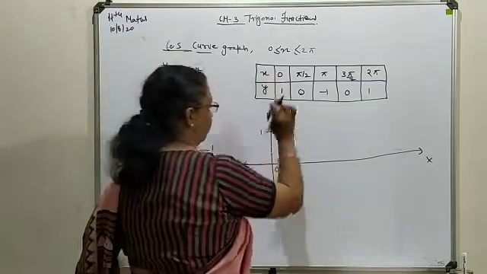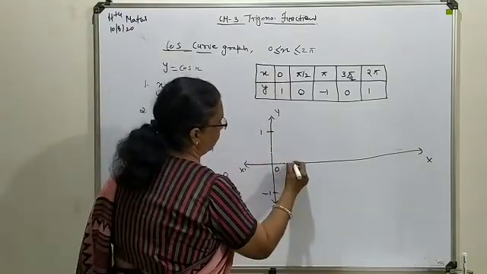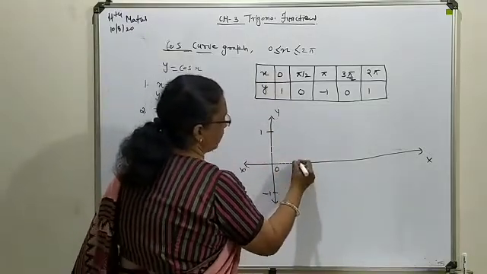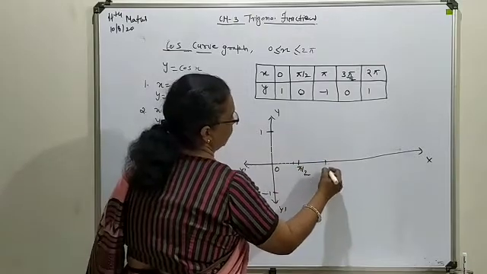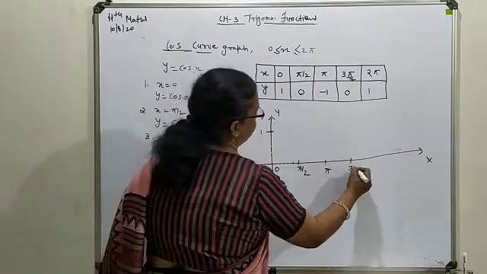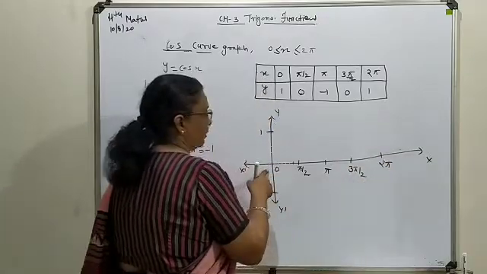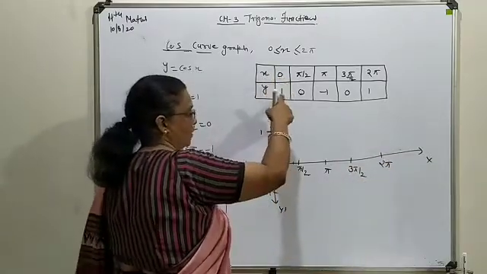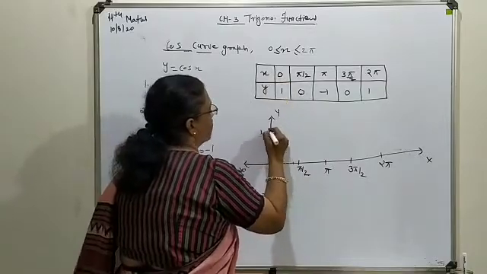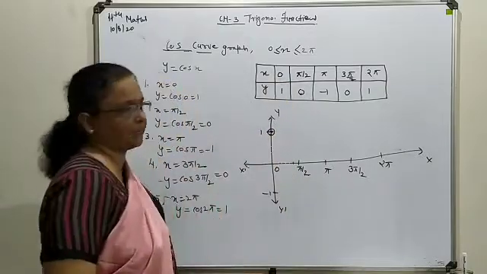This is 0, 1. So first of all we have to make the angle presentation here. This is pi by 2, this is pi, 3 pi by 2 and 2 pi. Let's start with 0. At 0 the answer is coming as 1. So here you will make a circle, one point on the axis.